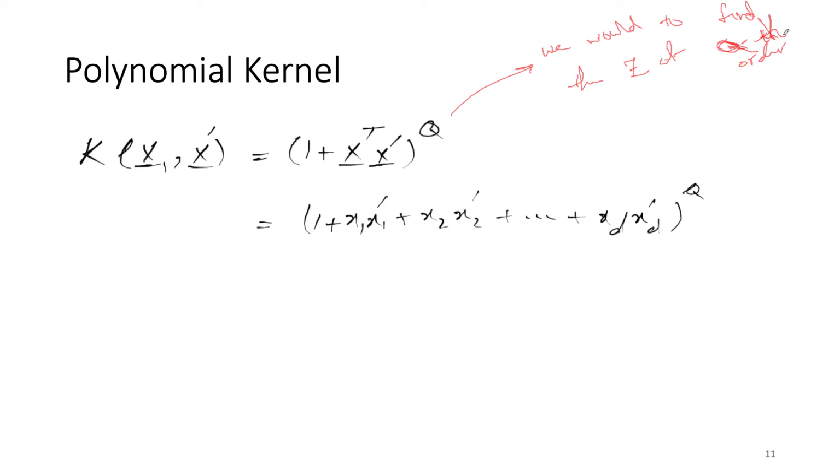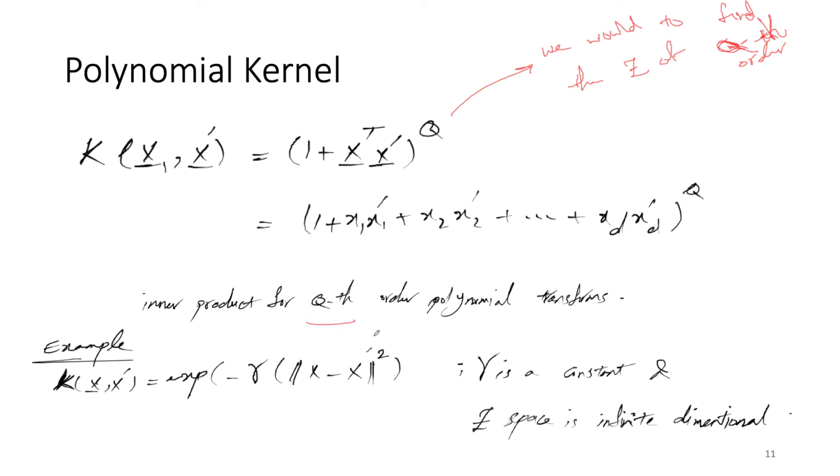Rather, here we expand this depending on the order, and we can just find the inner product of the qth order polynomial transformation, right? We can also apply some hyperparameters here to regularize the process, like this omega here. I'll show you a second order example in the next slide.